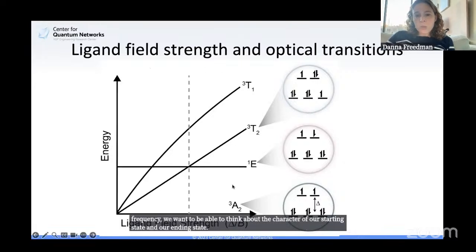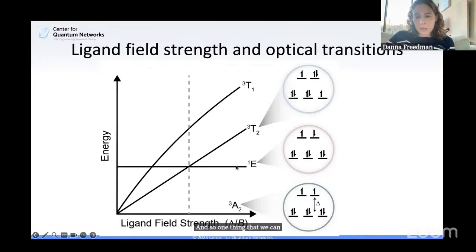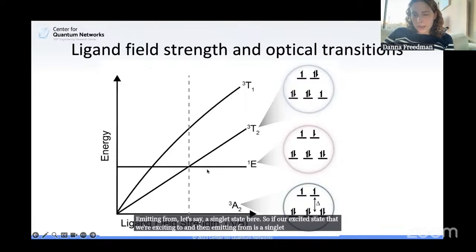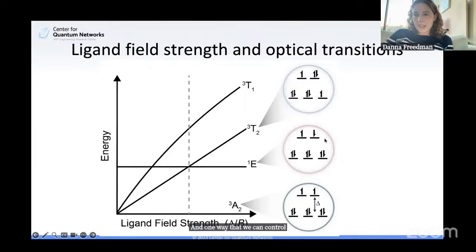And so one thing that we can think about is, for example, emitting from, let's say, a singlet state here. If our excited state that we're exciting to and then emitting from is a singlet, then we want to be able to control that state. And one way that we can control it is by thinking about the character of this state.